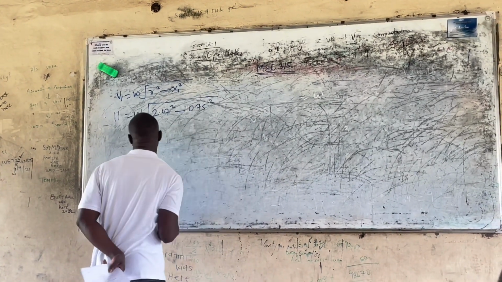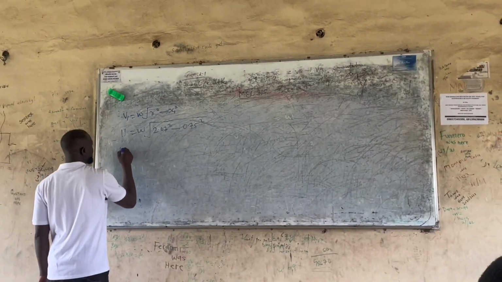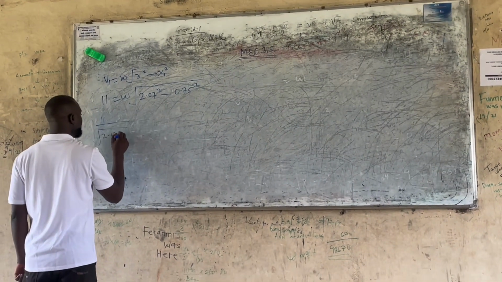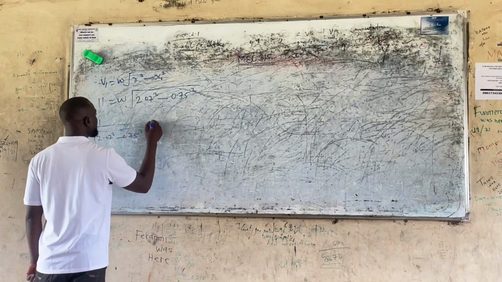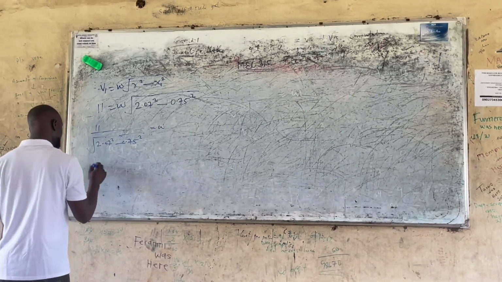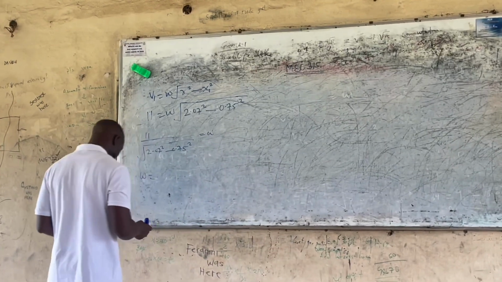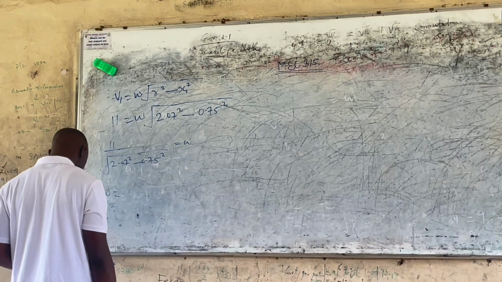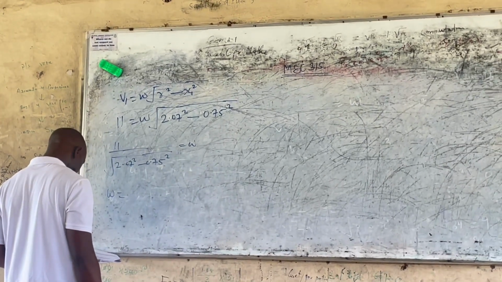So W is 11 over the root of 2.07 squared minus 0.75 squared, equals W. Use calculator. 11 divided by 3.222 is 2.955.